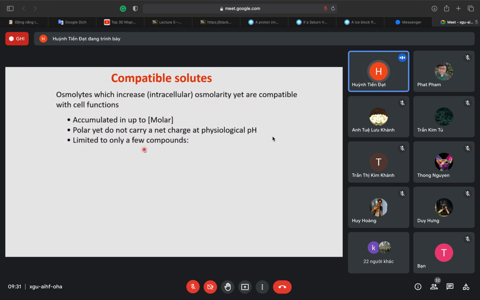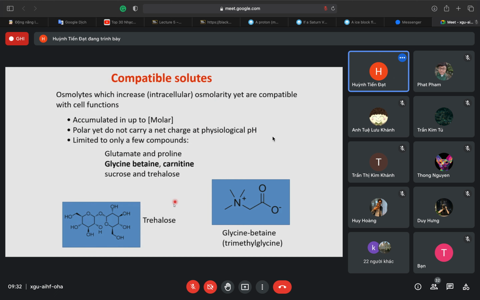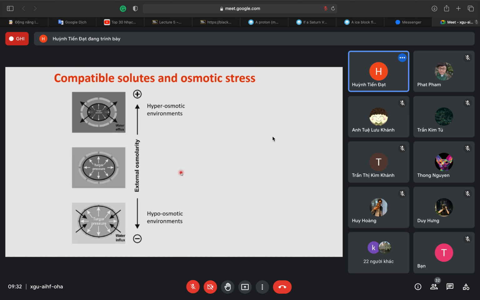So it is limited to only a few compounds, like glutamate and proline, which are a group of amino acids, glycine betaine, or carnitine, and sucrose and trehalose, a group of sugars. This one demonstrates the molecular structure of trehalose and glycine betaine. I already explained this one.